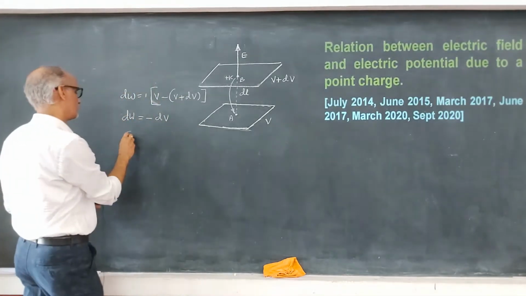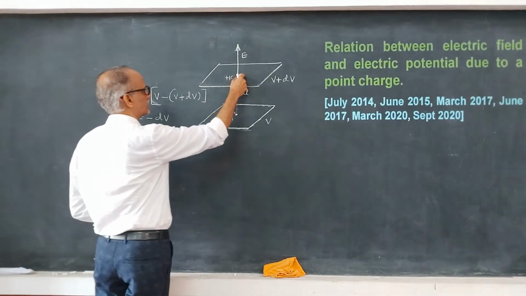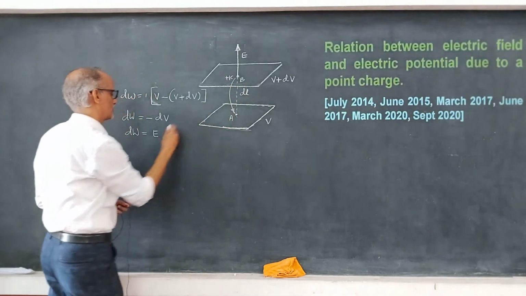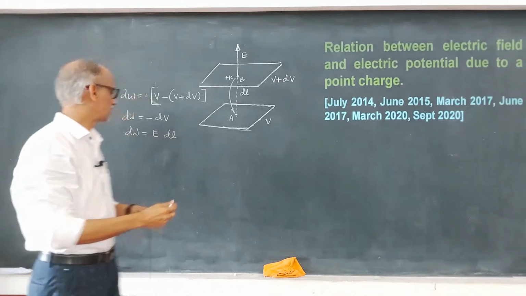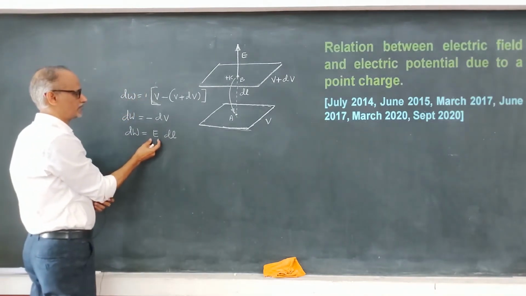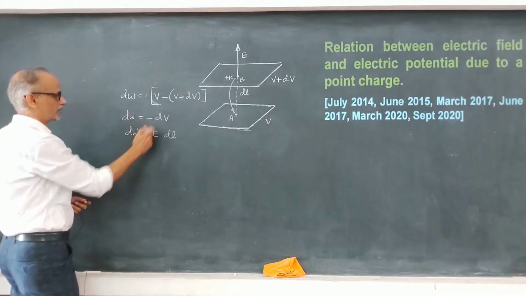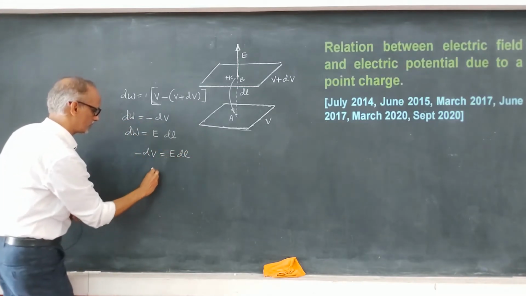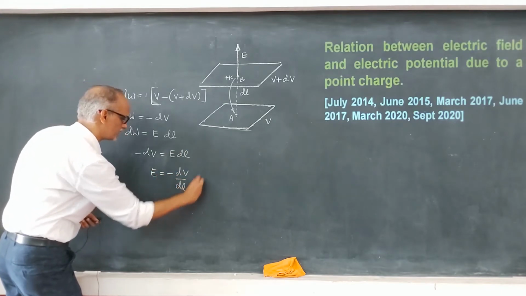Work done is also given by the electric field into the distance through which the charge is moved, which is dl. Equating, we get minus dV is equal to E dl, therefore E is equal to minus dV by dl.